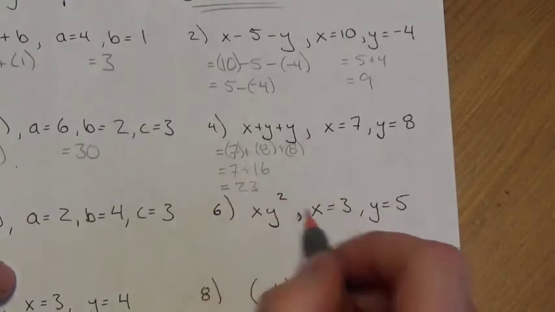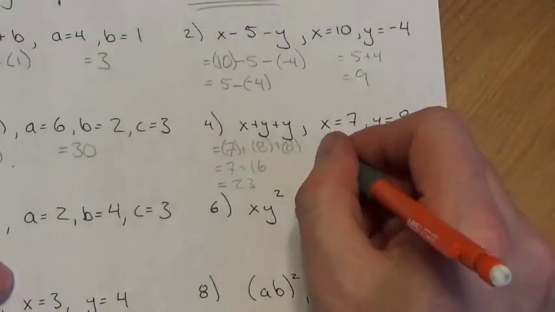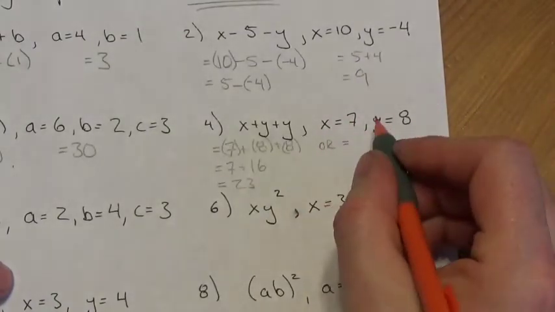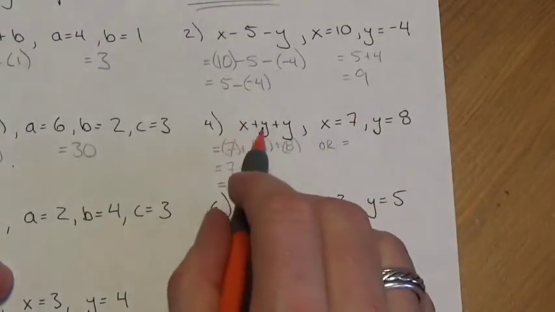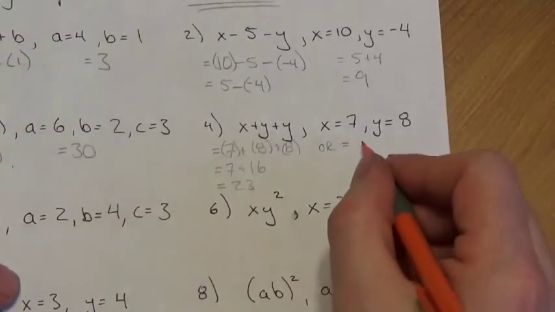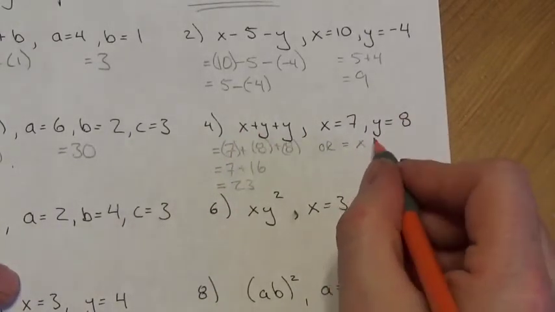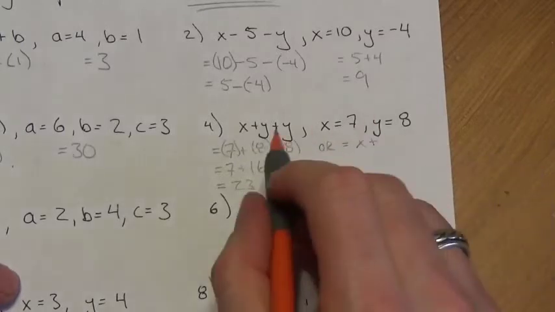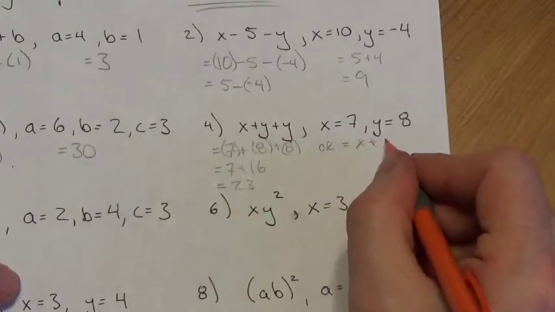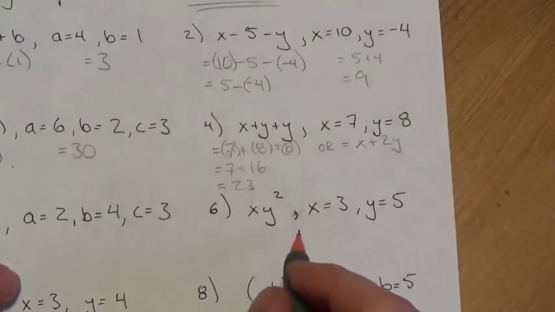So there's my answer. Or, what I could have done was this. Even before I did the substitution, I could have noticed I've got two y's there. It doesn't even matter what the value of y is. Because there are two of them, I can just double it by multiplying the value of y by 2.